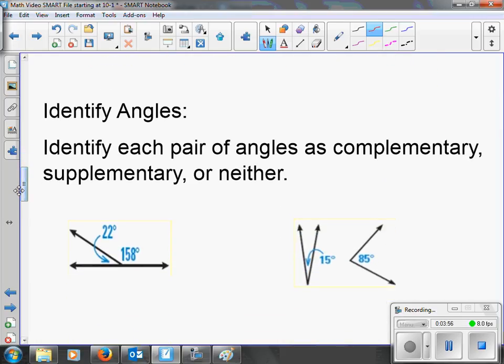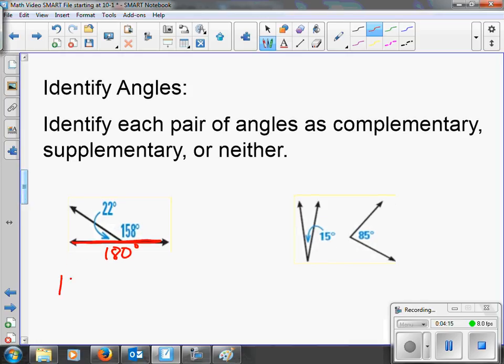Okay, now let's identify these angles. I'm giving you some pairs of angles here, and I want you to identify if the angles are complementary, supplementary, or neither. Maybe they don't fit either of those categories. Here I have the straight line, and I know that has to equal 180 degrees. So 158 degrees plus 22 degrees, does that give me 180 degrees?